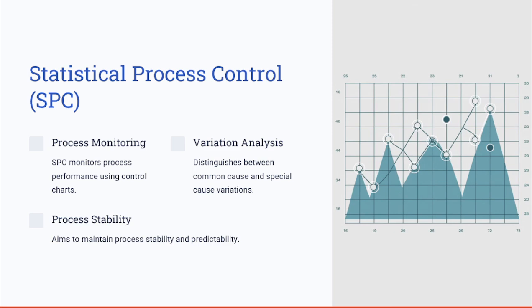This method aims to maintain process stability and predictability. For example, in a manufacturing project, the control charts help track the variations in product dimensions. Also, they help distinguish routine variations from anomalies. This ensures the product remains within acceptable quality limits while optimizing process efficiency.